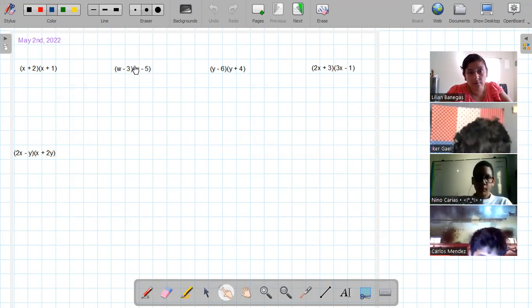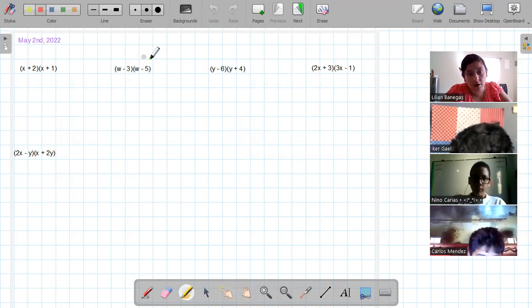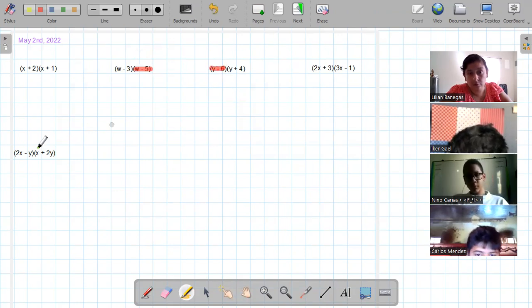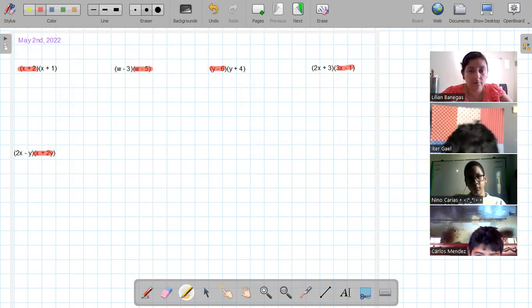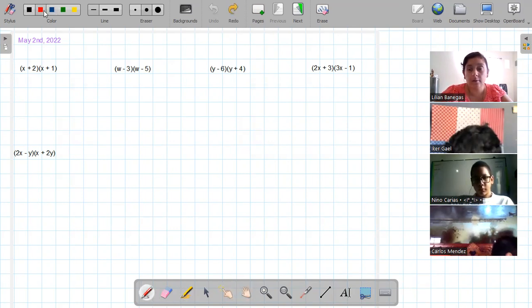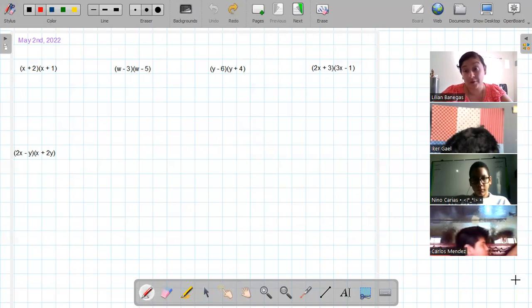The whole thing. What is all of this called? How are they called? What are they? They are binomials. And so this is the multiplication of binomials.